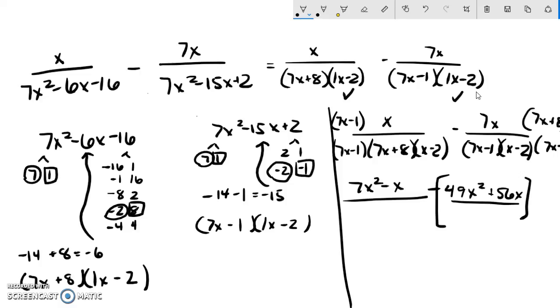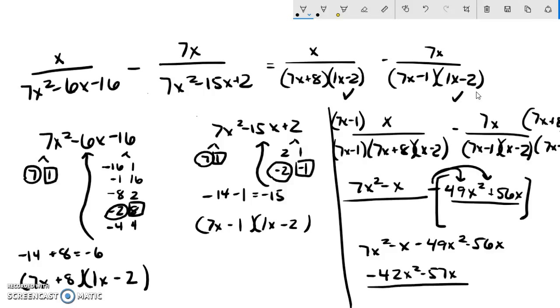And so what we're going to do now is the negative sign is going to distribute to both of these terms. And so what we're really doing is 7x squared minus x. And then we're going to distribute the negative to be negative 49x squared minus 56x with the same denominator, so I'm not going to write it. And then we combine these to get negative 42x squared minus 57x.